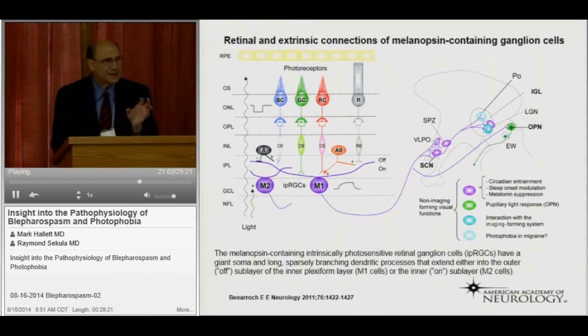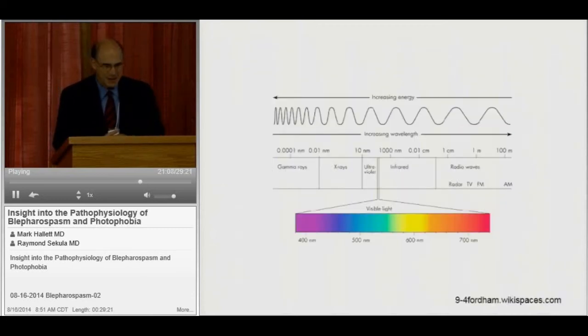Now, let's think about the colors of light that these cells are responsive to, and let me remind you about electromagnetic radiation and the different parts of this. We can see with the eye only a very small part of this whole spectrum.